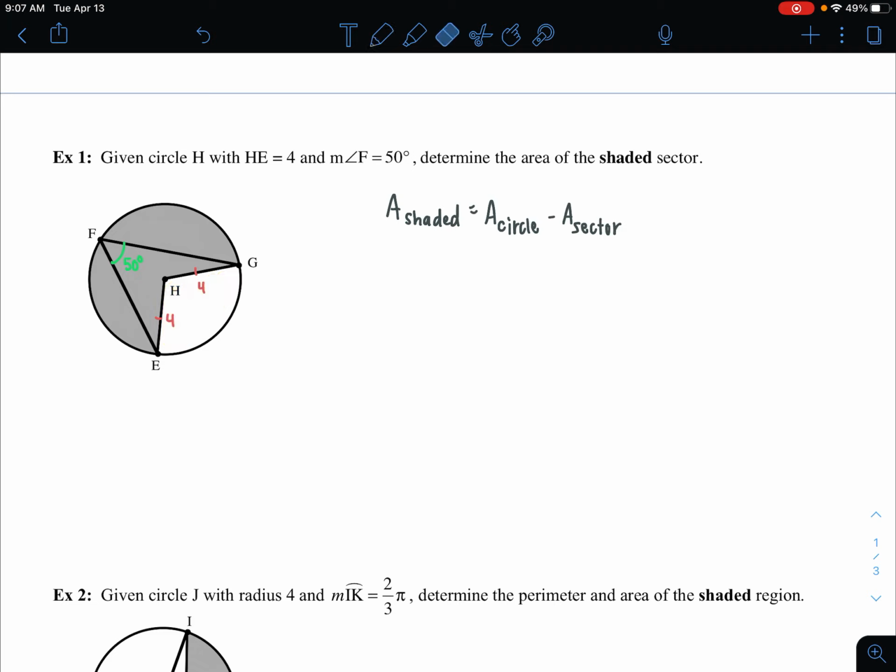Well, we need a few pieces of information. We know our radius, so we can find the area of the circle. But for that sector, we have to figure out the measure of angle EHG.